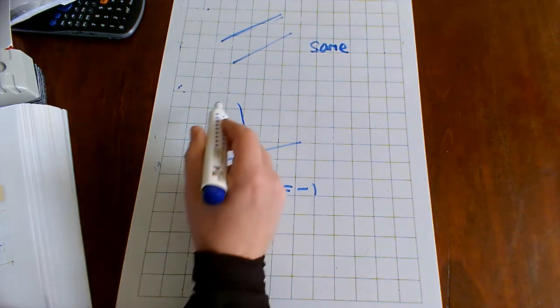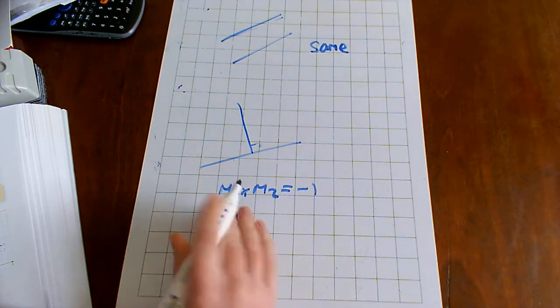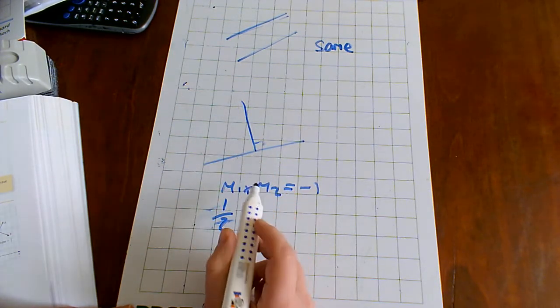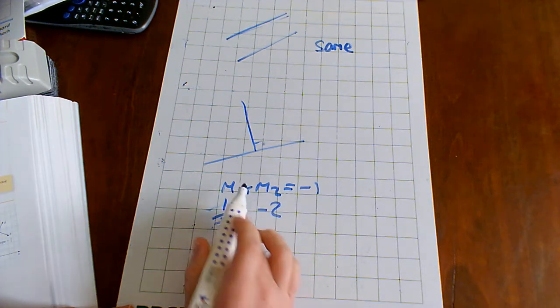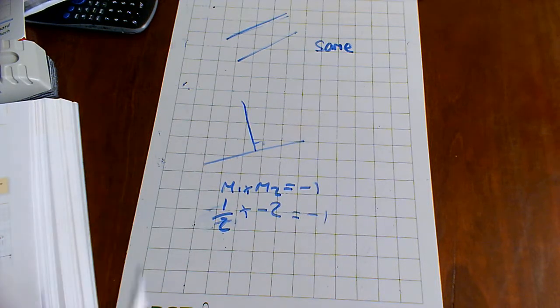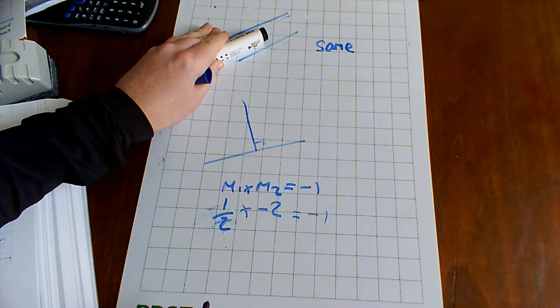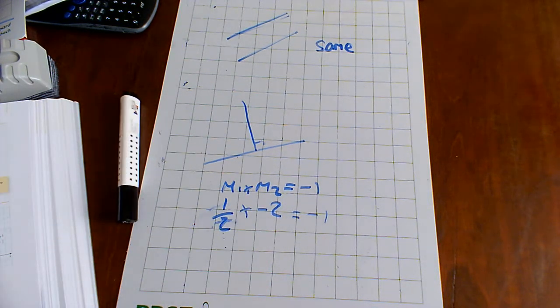So say for example this slope was a half, this slope would be the opposite of a half, minus 2. So flipped upside down and change the sign. When you multiply them you'll get minus 1. But we're going to explain that in a second. So parallel lines have the same slope. Perpendicular lines, when you multiply their two slopes, give you minus 1.